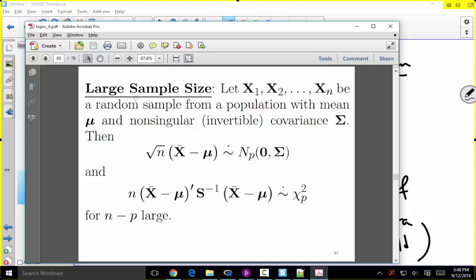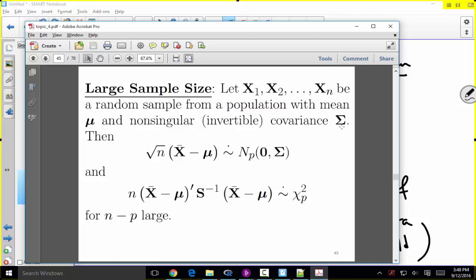There's no mention of the population being normal. We just took a random sample from some population that had a mean mu and a covariance matrix capital sigma. But we don't know anything about the actual shape of the population distribution.